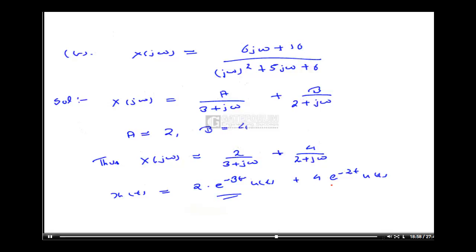This is nothing but the direct evaluation of x(t) from X(j omega). We have to remember that e to the power minus at u(t) will have a Fourier transform of 1 upon (a plus j omega).